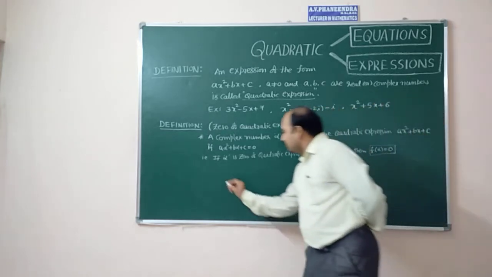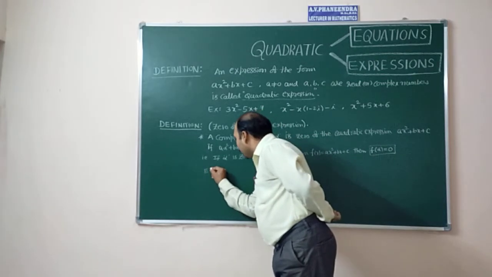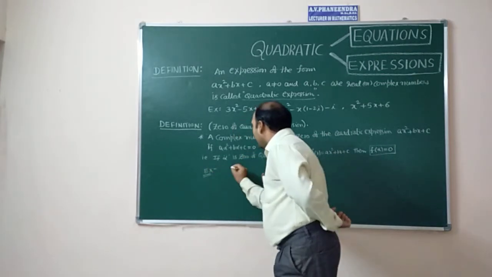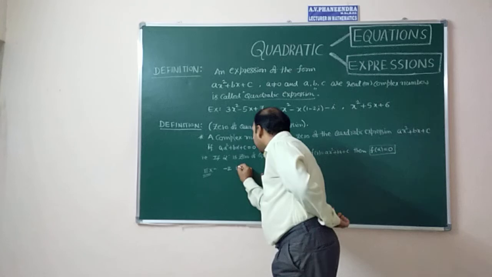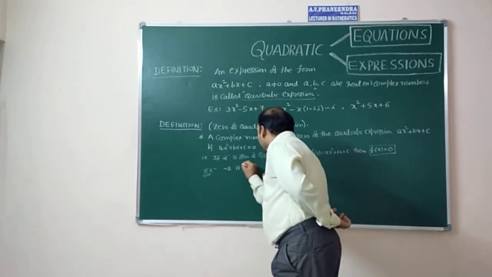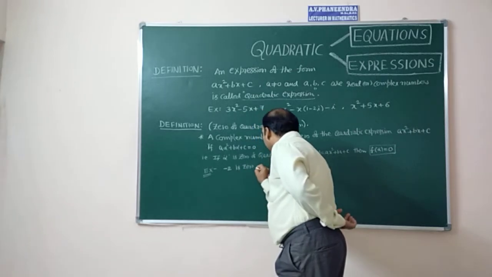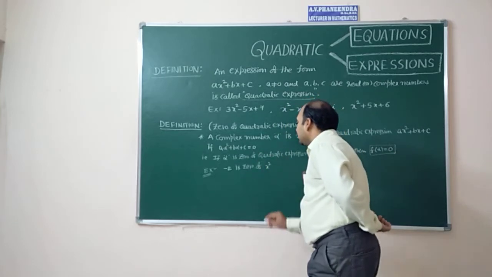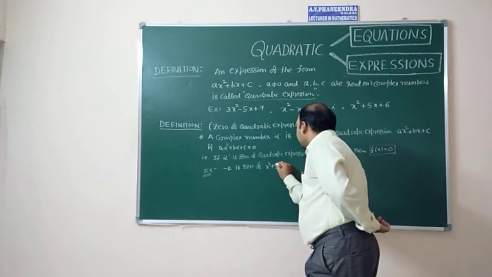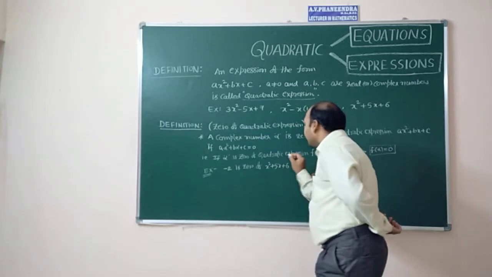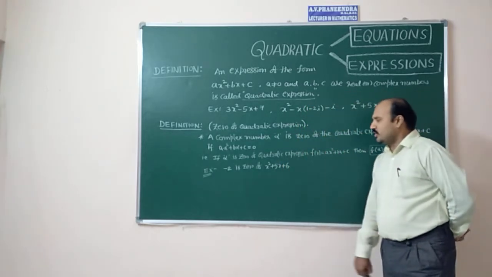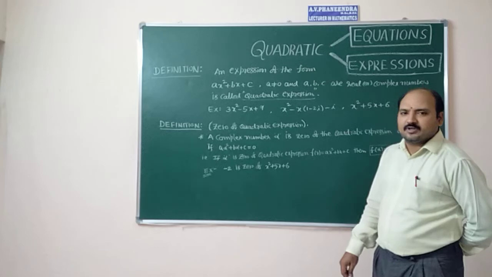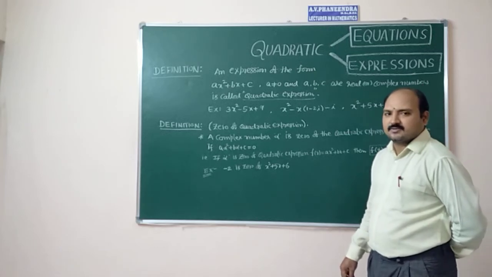For example, minus 2 is a zero of, one example we will take, x square plus 5x plus 6. How is minus 2 a zero of this quadratic expression x square plus 5x plus 6?